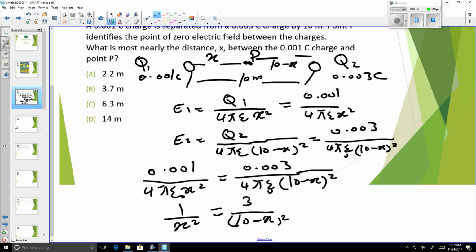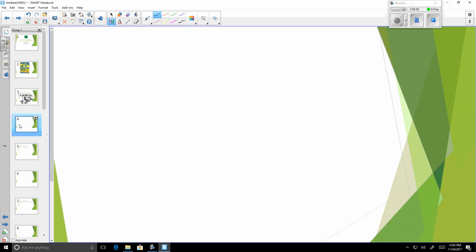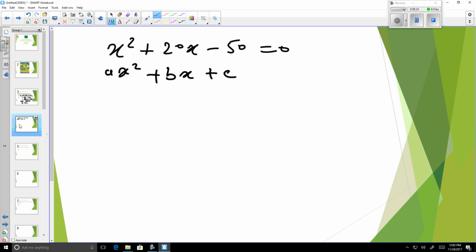Now, if we simplify that equation, we end up with x squared plus 10x minus 50 equal to 0. This is a quadratic equation in the form of a x squared plus bx plus c equal to 0.